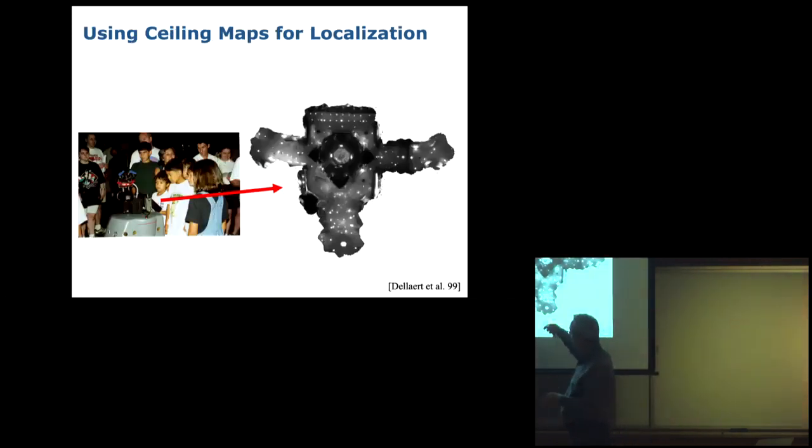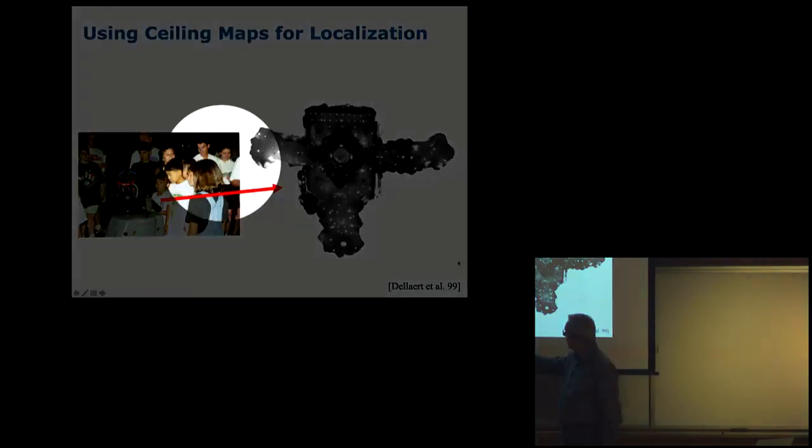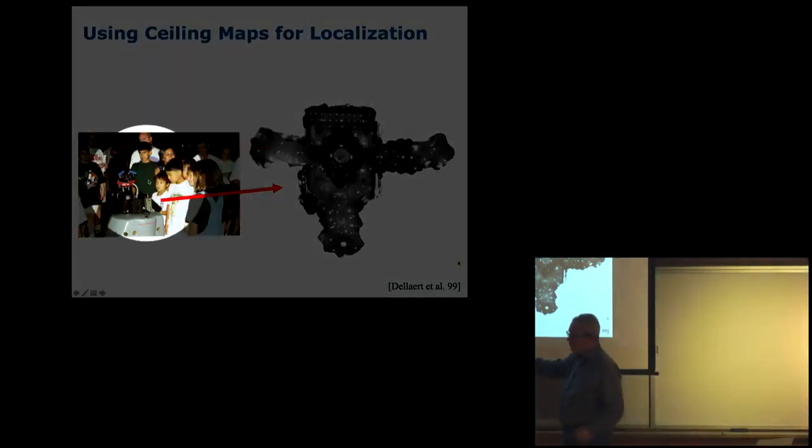And here's another example, also from Minerva. This was a robot in the very same environment, and it's actually a super simplistic sensor model that uses a ceiling mosaic, at that time generated by Frank Dellaert. We had an upward-facing camera over here, and from that, we took all the pictures.